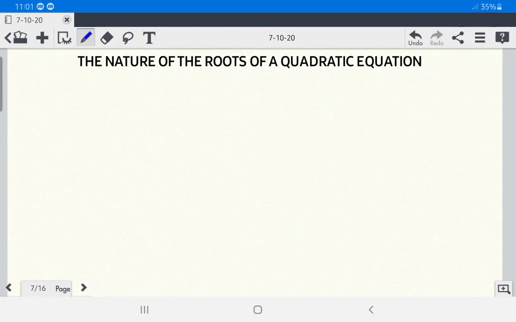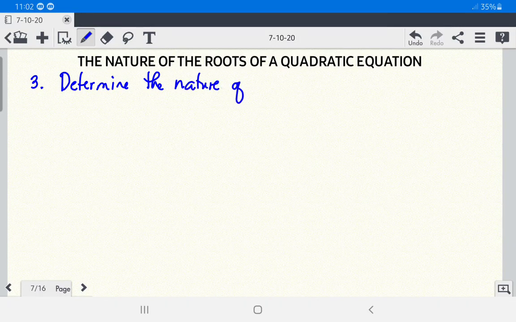Okay. Next, number 3. Let us determine the nature of the roots of 4x squared minus 12x plus 9 equals 0.